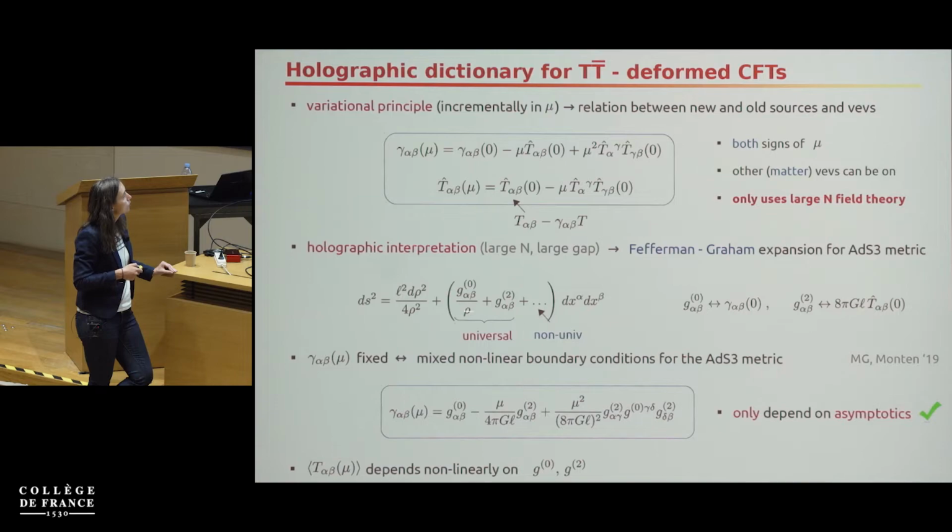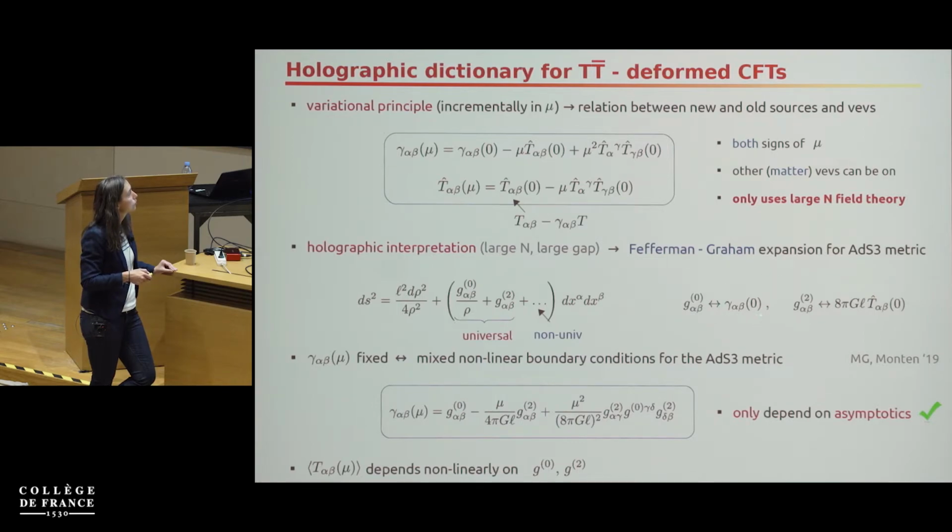Okay, in order to do holography, we need the asymptotic expansion of the metric. In AdS3, it always takes this form. There's some term that goes like 1 over the radial coordinate plus another term that's constant, and these two terms are universal, and then everything else is non-universal and can depend on the matter fields. This term is the undeformed source, the undeformed boundary metric, gamma 0, and this one turns out to be the undeformed vev.